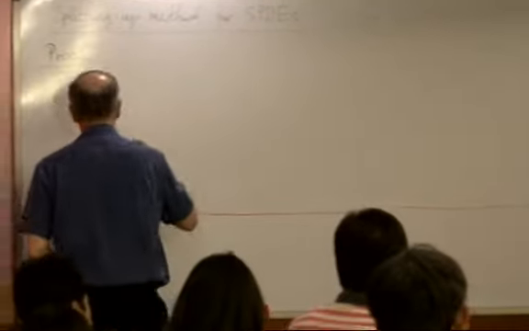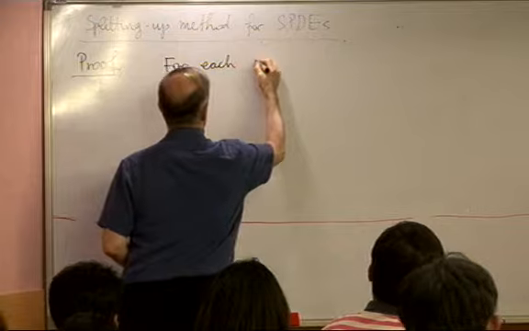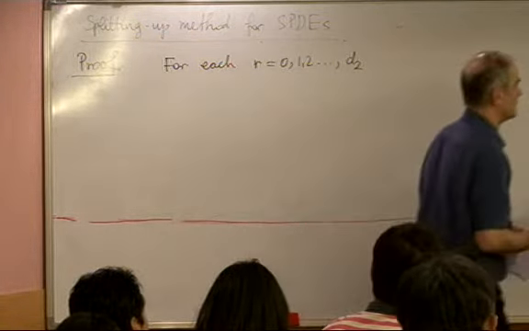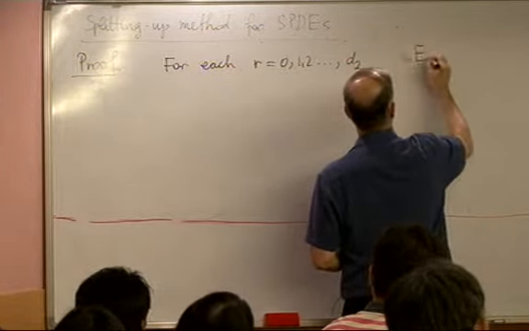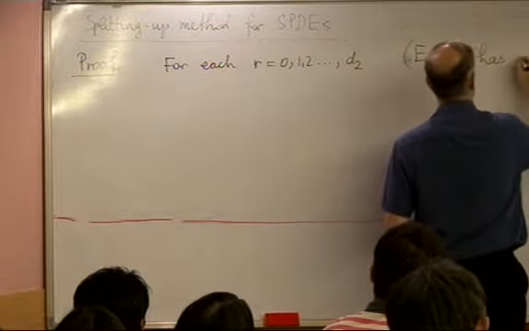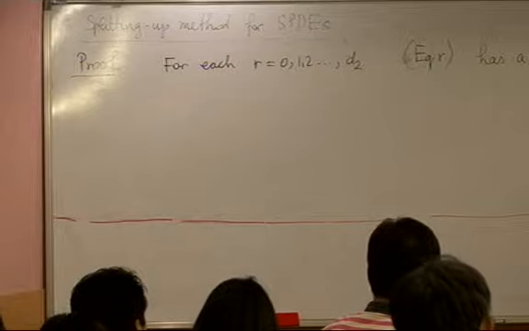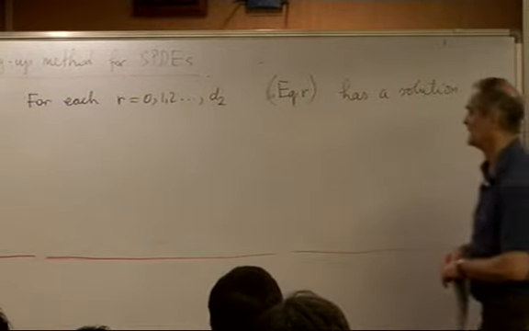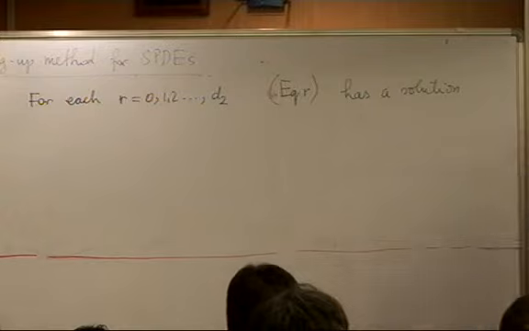First of all, under these conditions, for each R from 0 to D2, the equation with label R has a solution if we assume that the initial condition satisfies the second condition, that it is in H^(L+4), so we have the space L plus 4 for the initial condition as well.